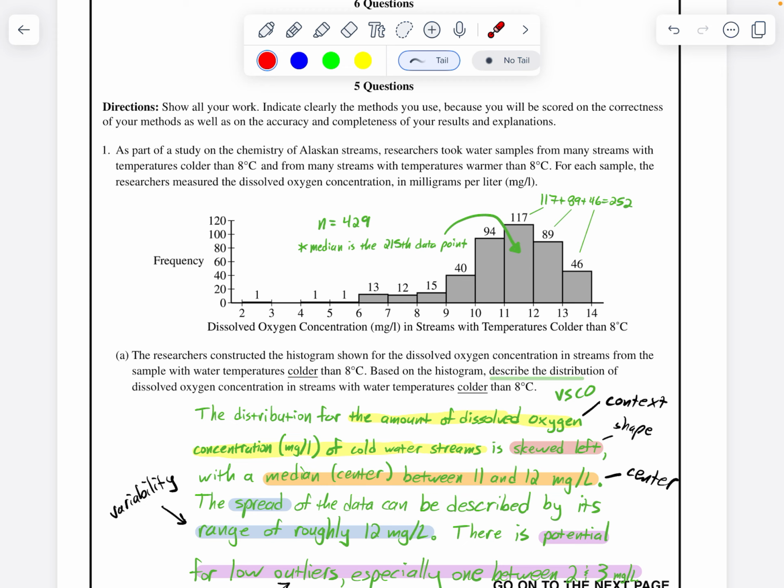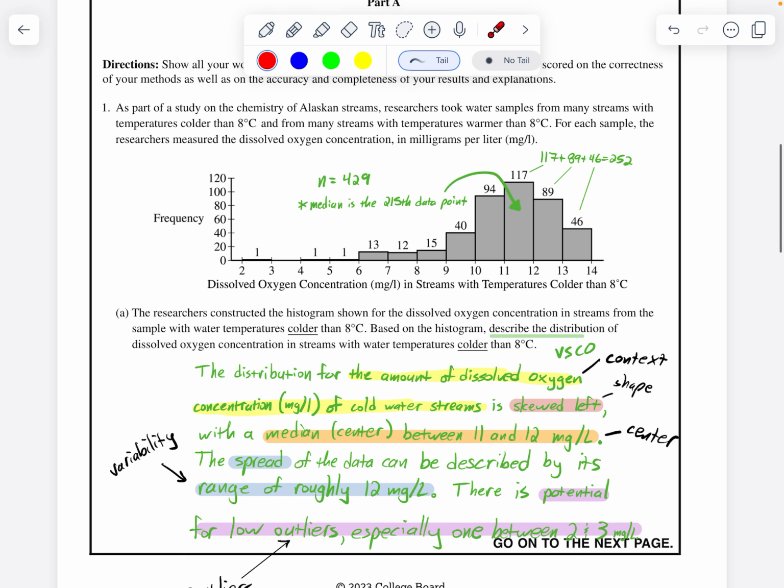It is a histogram, so not a bar graph, because a bar graph is for categorical data. The researchers constructed this histogram for the cold rivers, and based on it, describe the distribution.